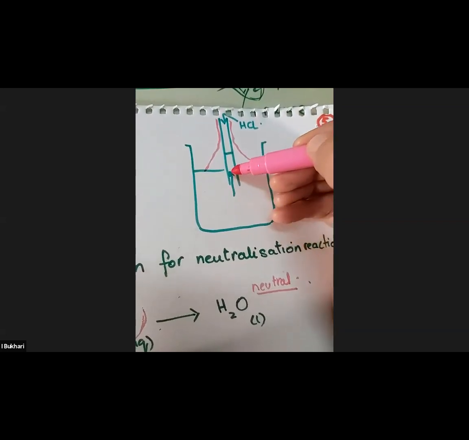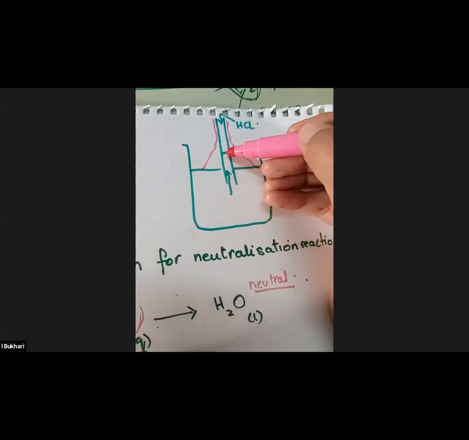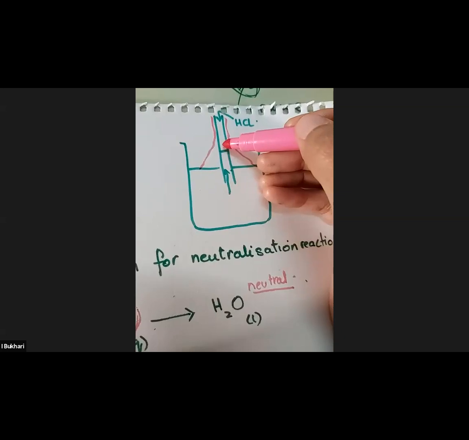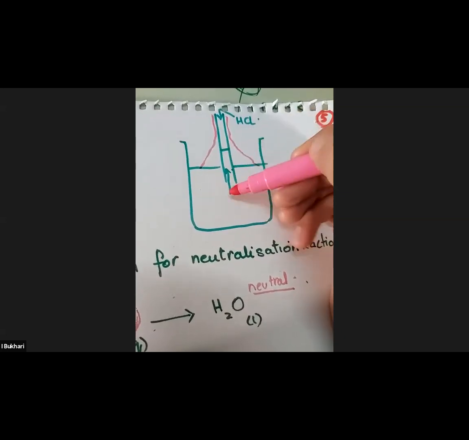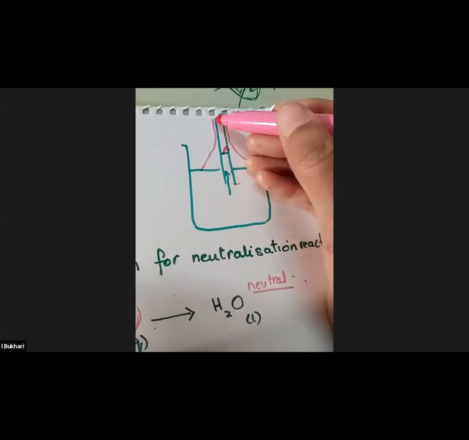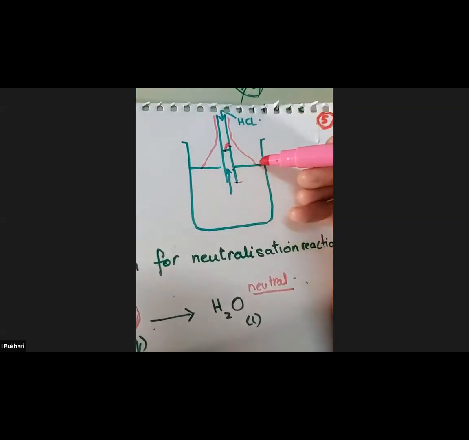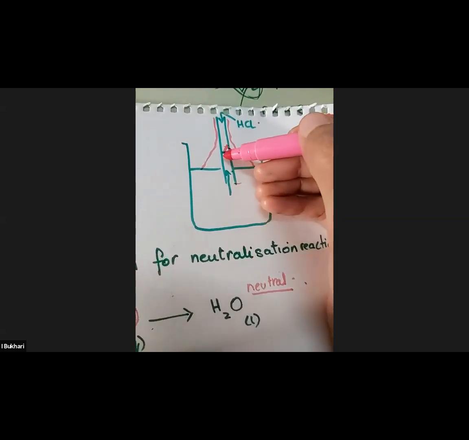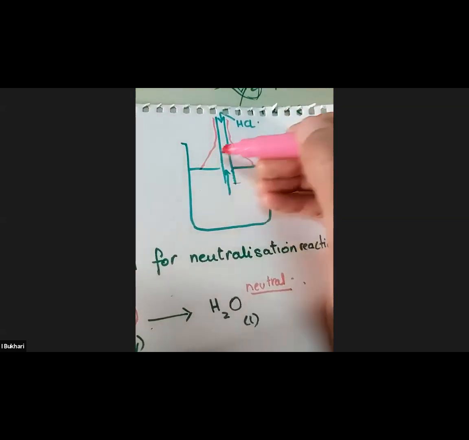Because of that vacuum, there will be a little suction of the water up. We don't want that happening. In order to avoid this suction of water, we use a funnel. In the funnel, the water will not be sucked up because the funnel's mouth is wide.